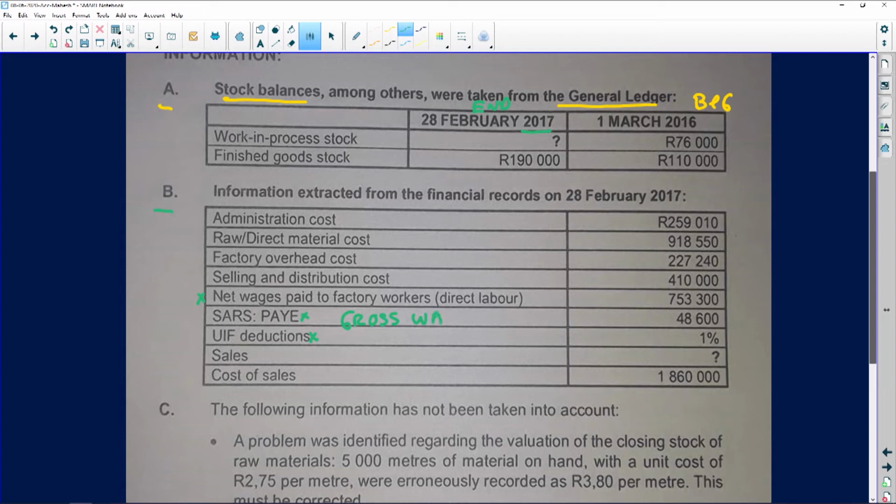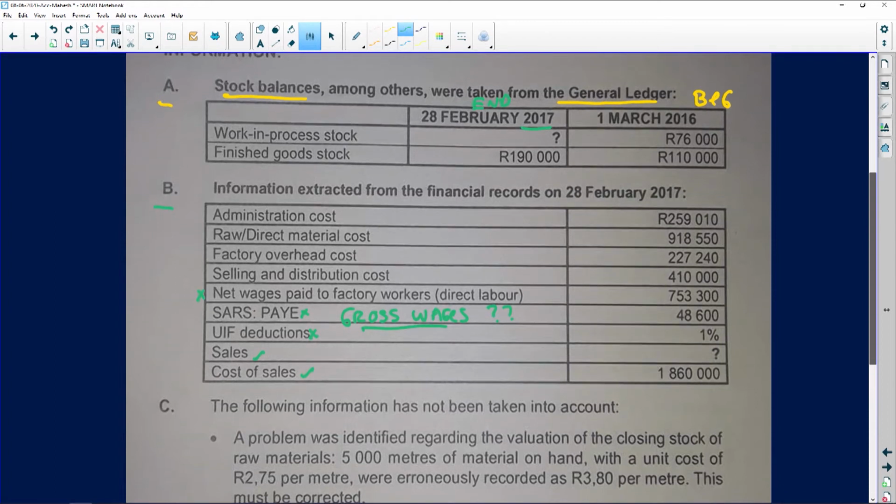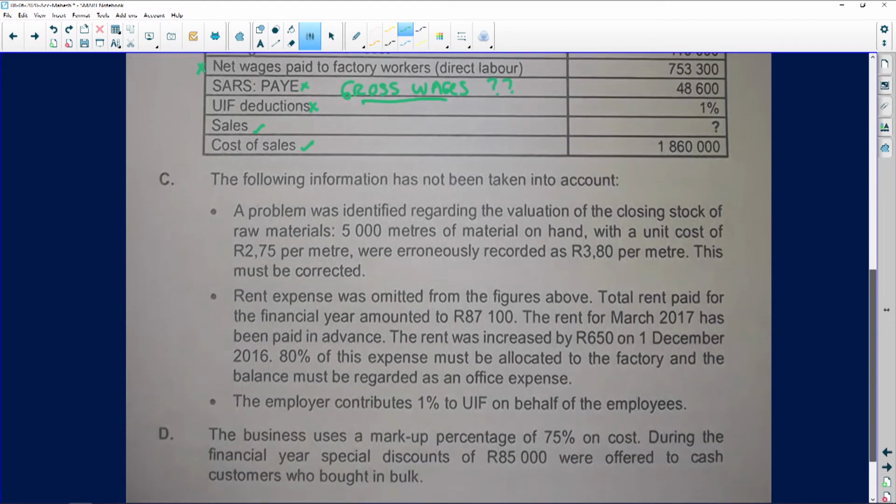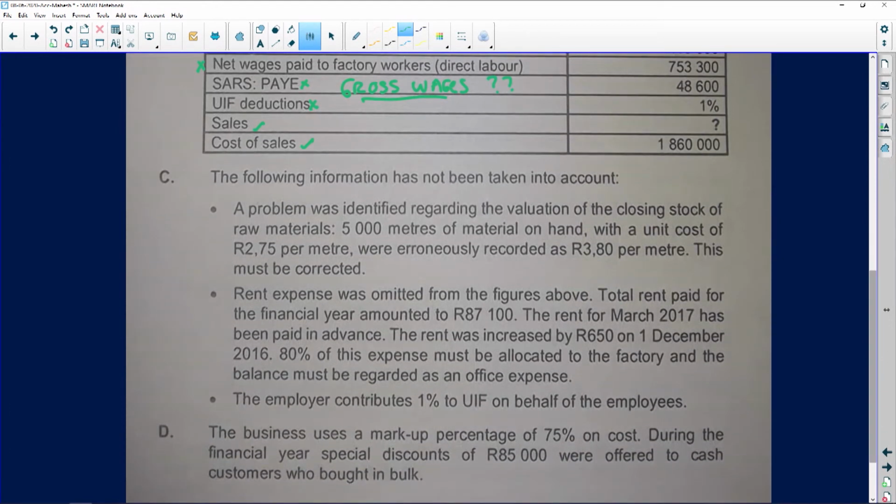And remember, when I'm doing the production cost statement, my focus is on gross wages. So that is missing. Then I've got sales and cost of sales, and then further information about obviously the expenses that I've mentioned above.